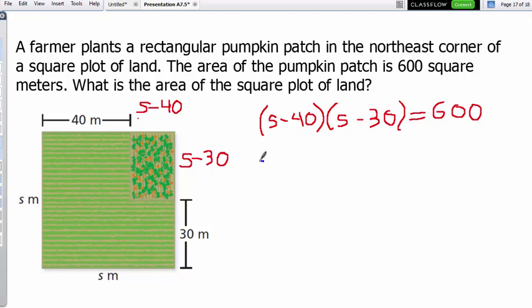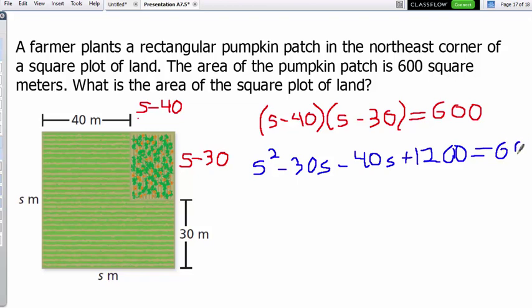So I'm going to end up with s squared minus 30s minus 40s. First, outsides, insides, lasts, and positive 1200. That equals 600.